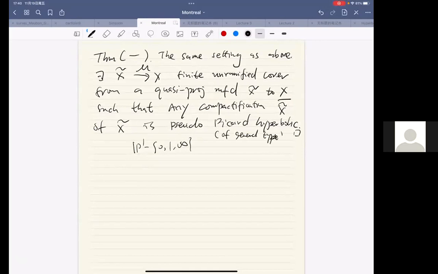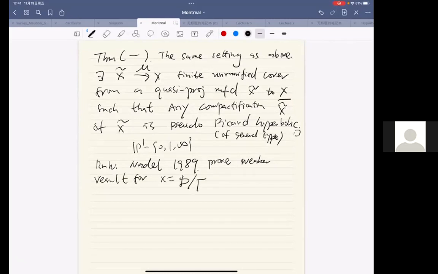Why are you interested in such a theorem? Because, a remark: Nadel in 1989 proved a similar, weaker result for quotients of bounded symmetric domains by some lattices.